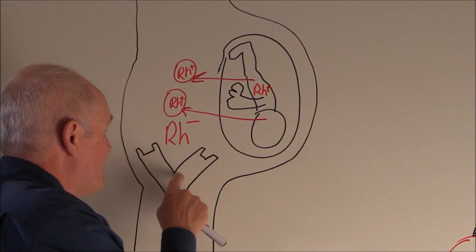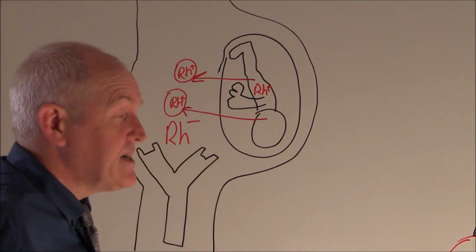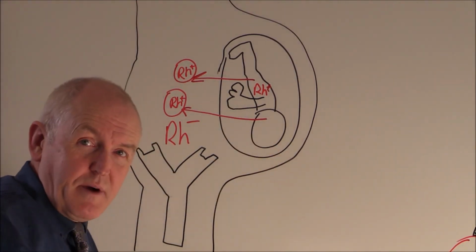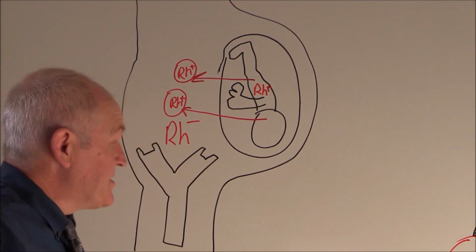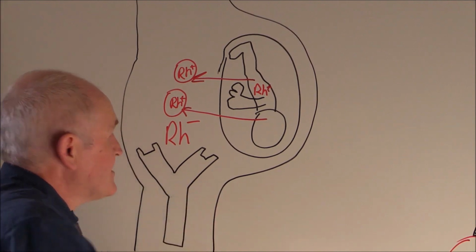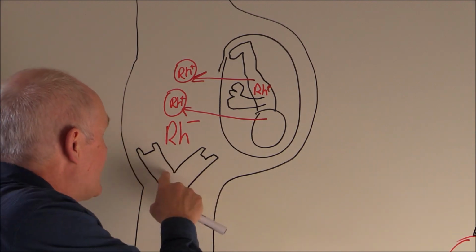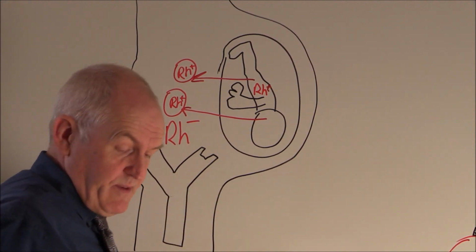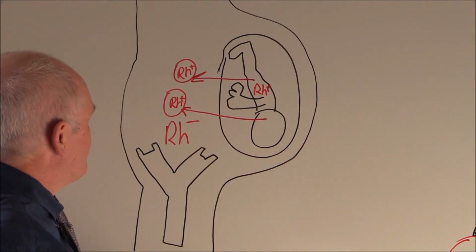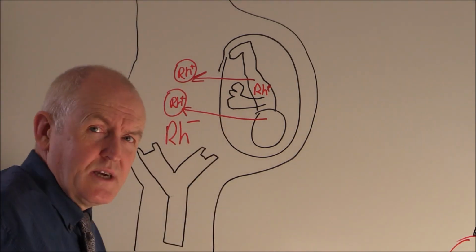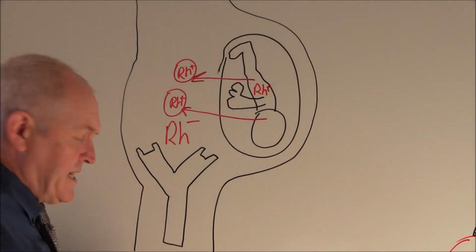So by the time the mother develops the rhesus factor antibodies after the delivery, it's okay because the rhesus positive baby has already been delivered. But what this means is that the mother is now sensitized to the rhesus factor. She now has rhesus factor antibodies because of the feto-maternal haemorrhage, the baby's red cells getting into the mother's circulation. But that baby's gone now, they're born, that's absolutely fine.